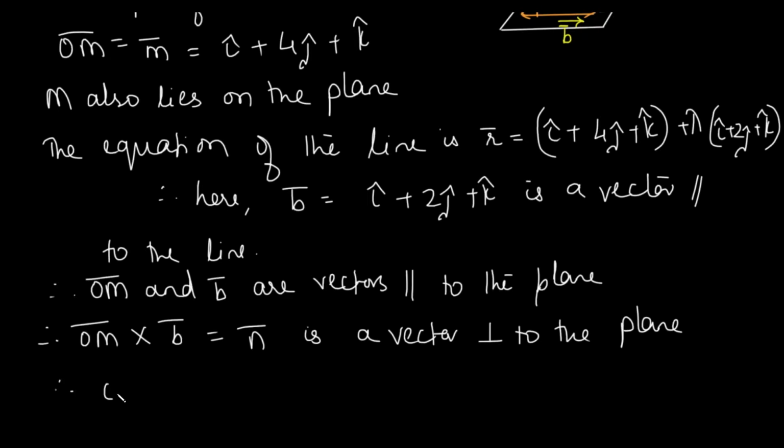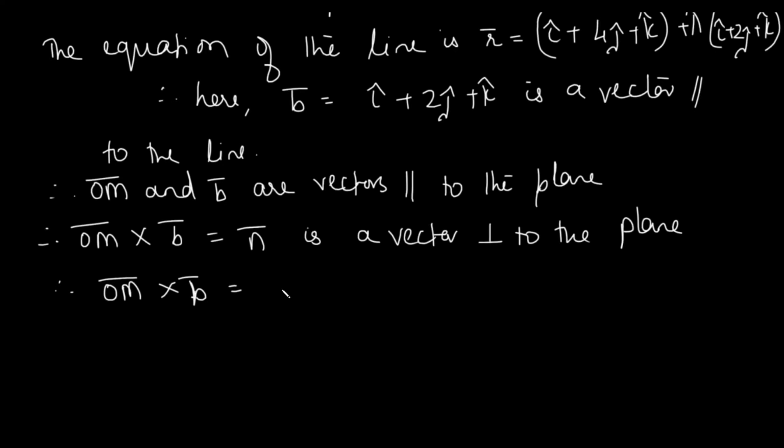Let us find this OM cross B bar by using determinants. OM cross B bar is given by the determinant with rows i, j, k; OM is i + 4j + k, so we have 1, 4, 1; and B bar is i + 2j + k, so we have 1, 2, 1.